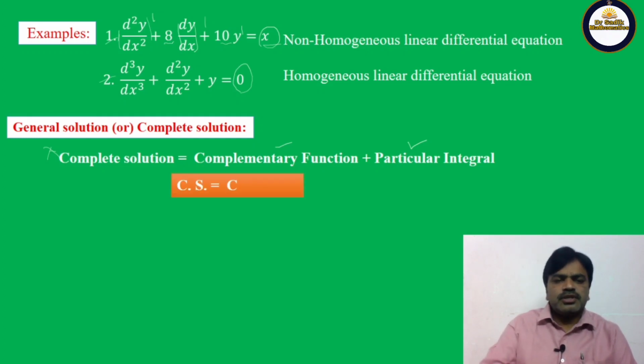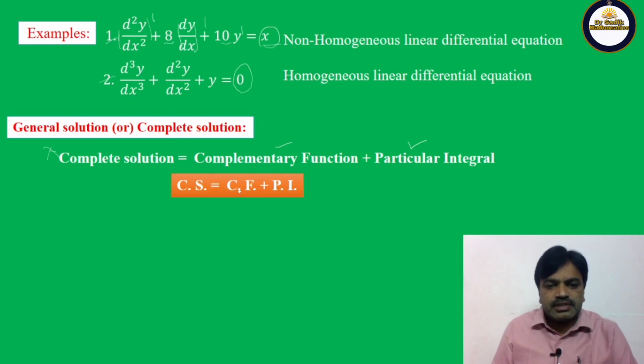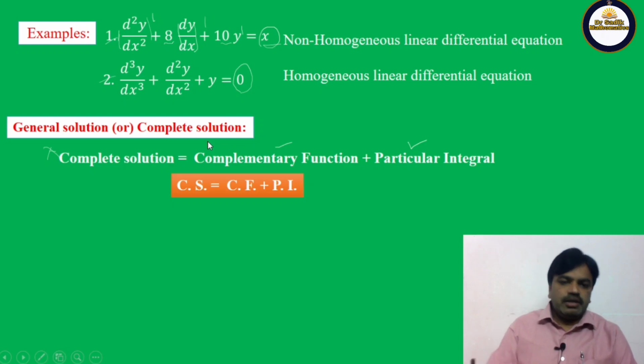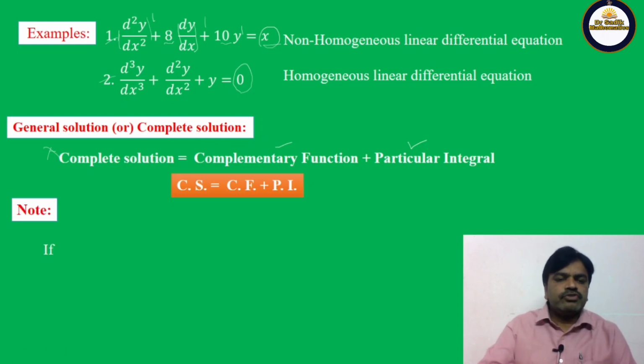Simply it is denoted by C.S., that means complete solution is equal to complementary function, written as C.F., plus particular integral, P.I. This is the simple form of complete solution. There is one note, friends.